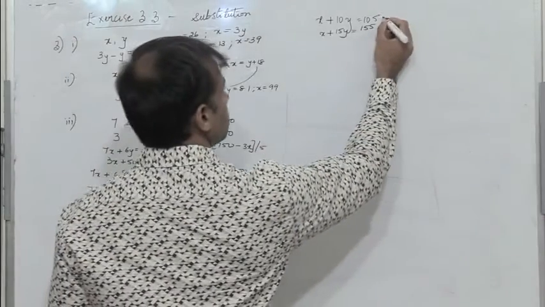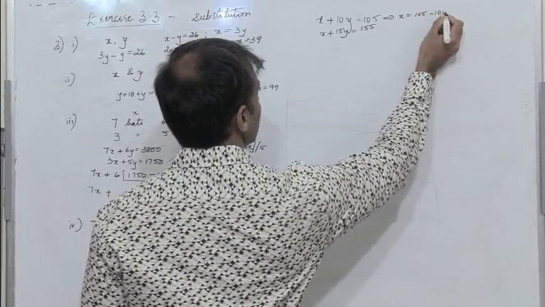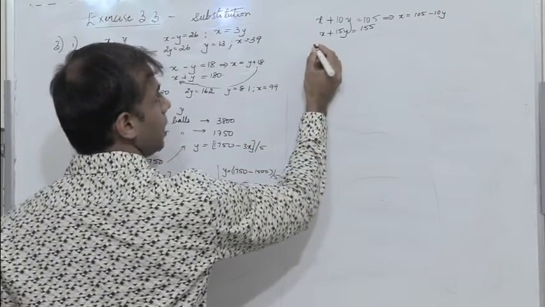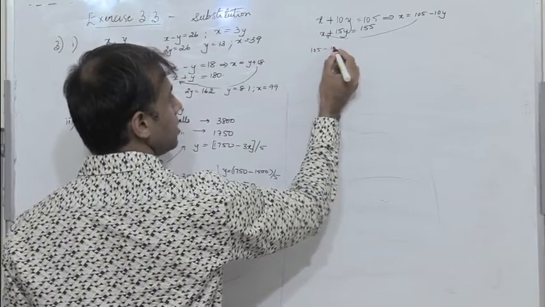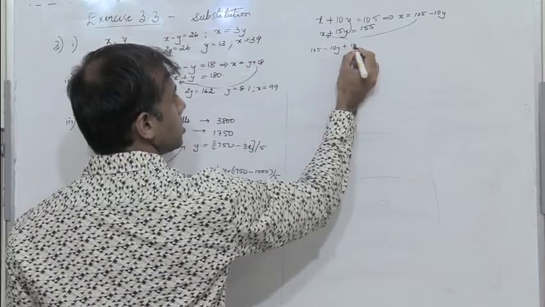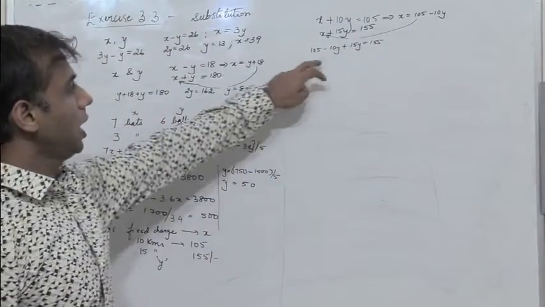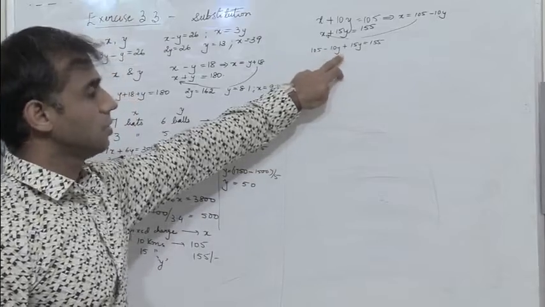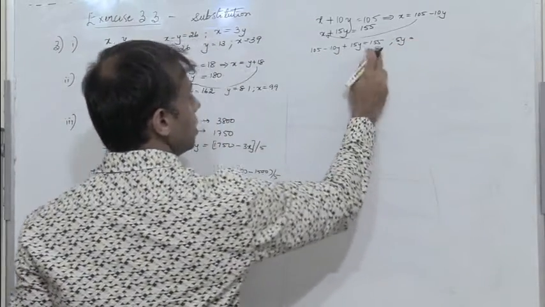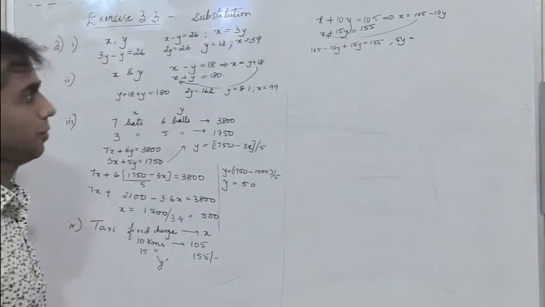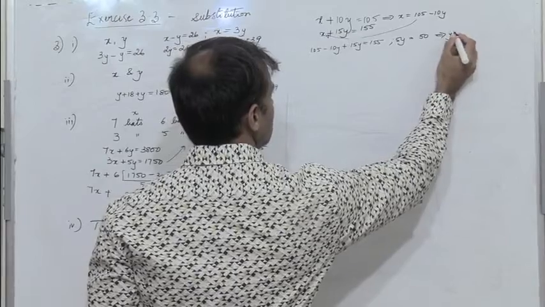So what is x from the first equation? X equals 105 minus 10y. So substituting here in the second equation, so I get 105 minus 10y plus 15y equals 155. So I have 15 minus 10 is 5, so we get 5y equals 155 minus 105 is 50. So this implies y equals 10.